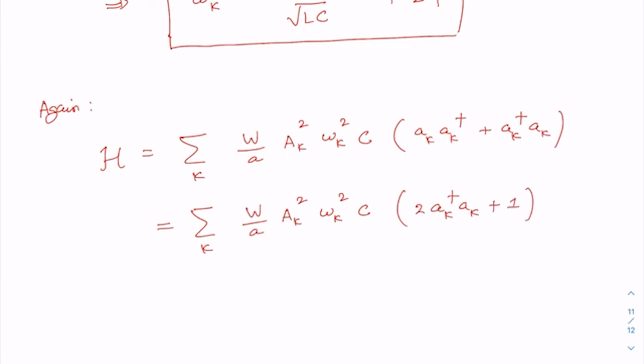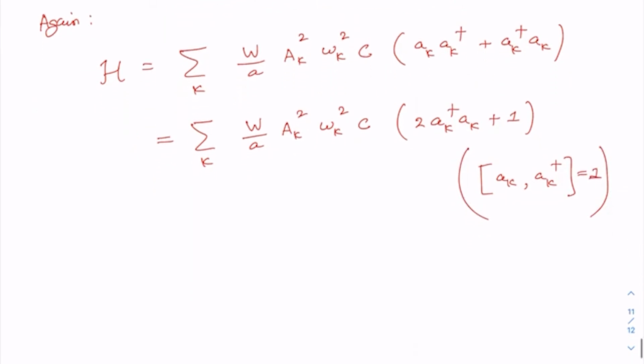I think all of you are getting it because I have just utilized the commutation relation, a_k a_k dagger equal to 1 plus a_k dagger a_k. So this is what I utilized, and I can therefore write it as 2W by a a_k square omega_k square c (a_k dagger a_k plus half).